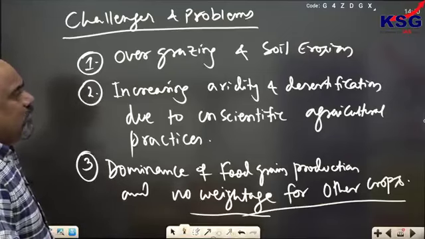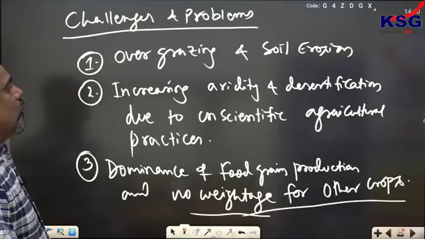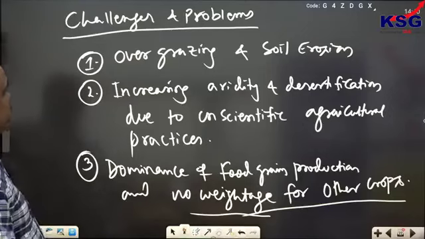So problem में ये सब है. Now overgrazing is a great problem. Soil erosion is there because of this.